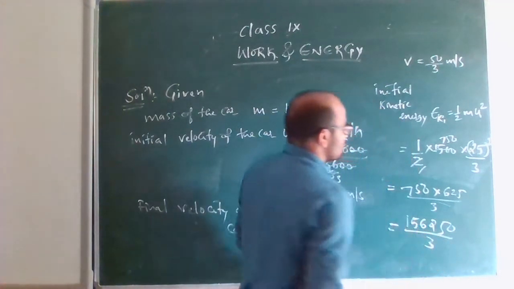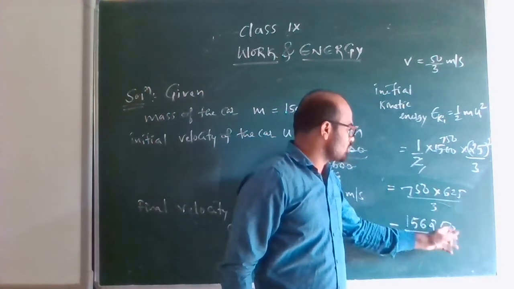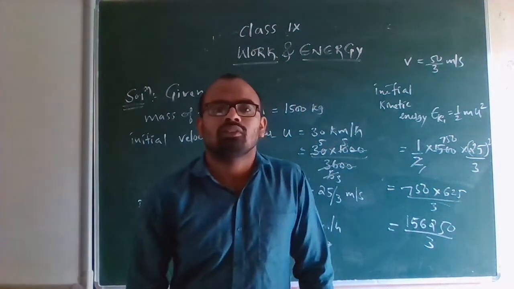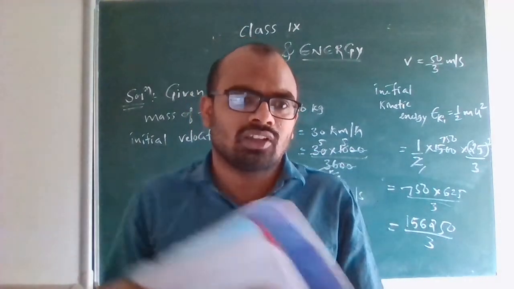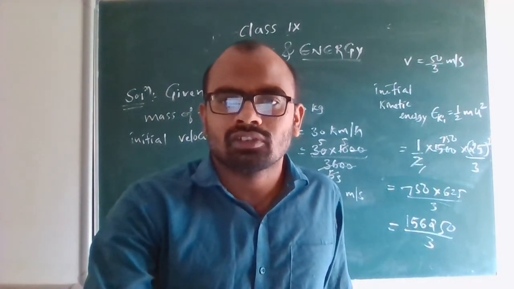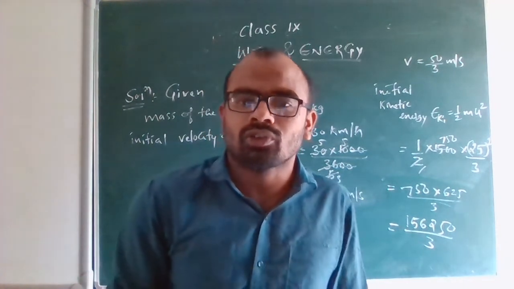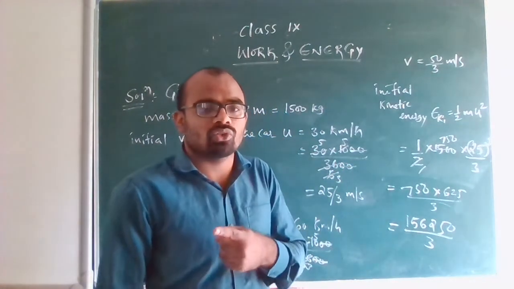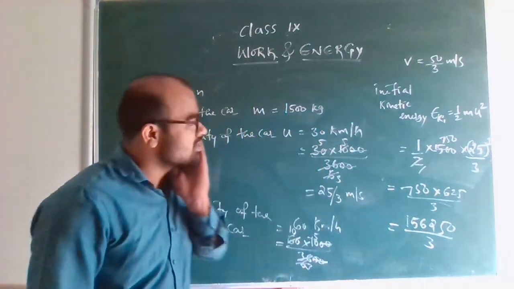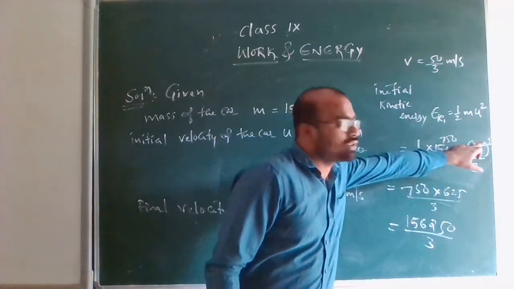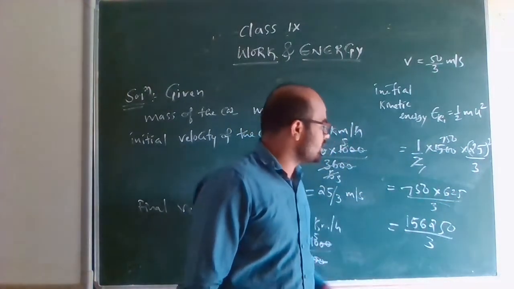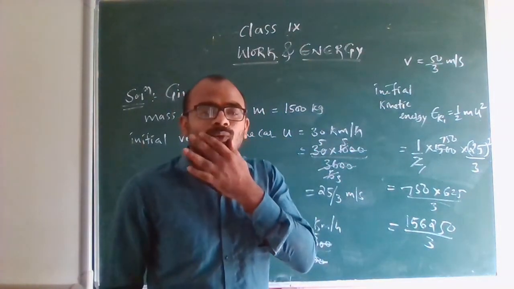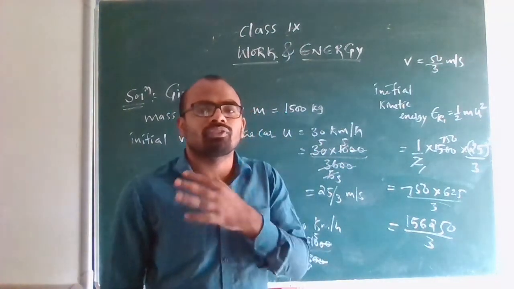156250 divided by 3. See, if you multiply this, you get this. At the last, 0 into 5 gives 0, and you just need to multiply the remaining 75. How much is 75 into 5? Even calculators are also math. Okay, let me check. Did anything go wrong here? I don't think so. Please see here: 750 into 25 square, which is 625, divided by 3. If you multiply these, you will get 1,56,250 divided by 3. I don't know whether there is some problem in the laptop; I have seen a different response from there.